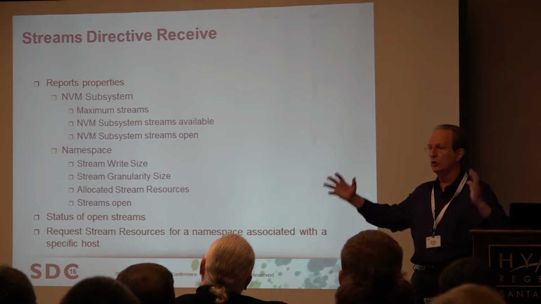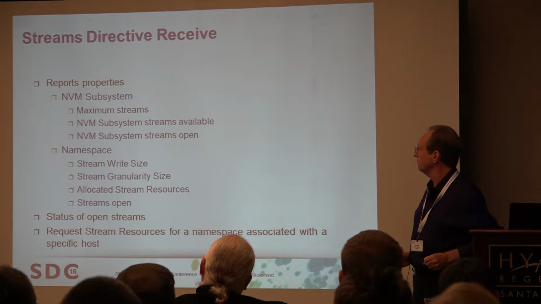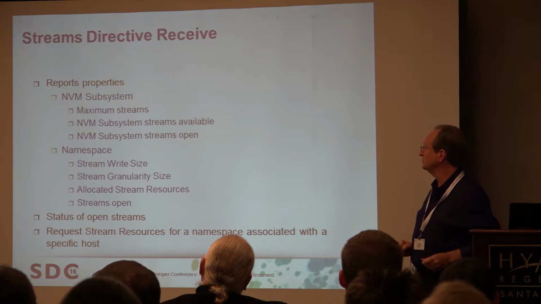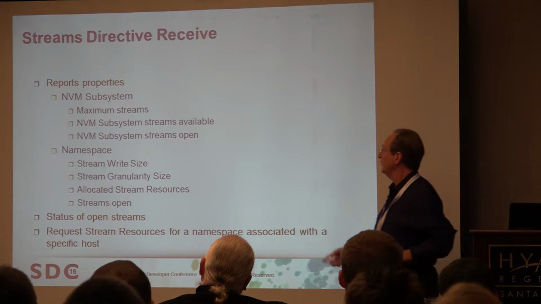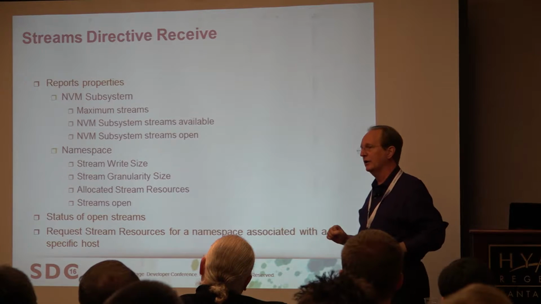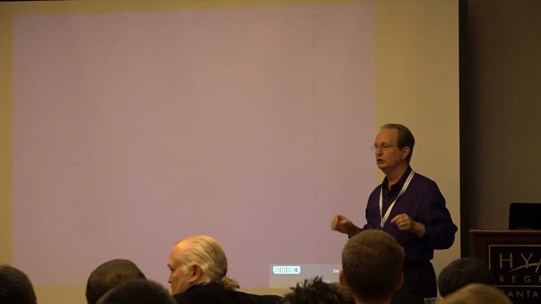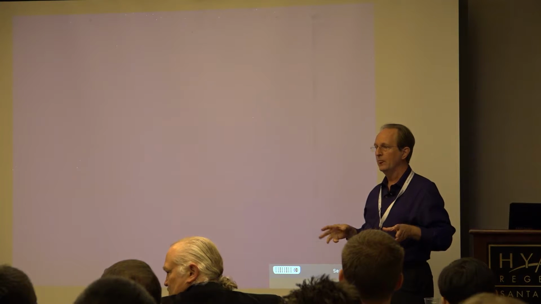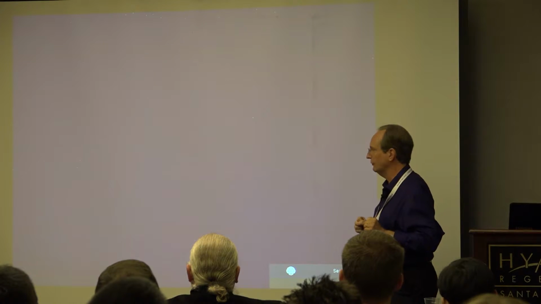So this is what your total pool is for the subsystem. The next is how many subsystem streams are available. These are resources that have not been allocated to a specific namespace associated with the host identifier.